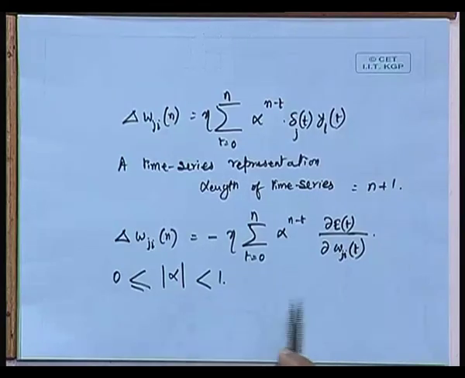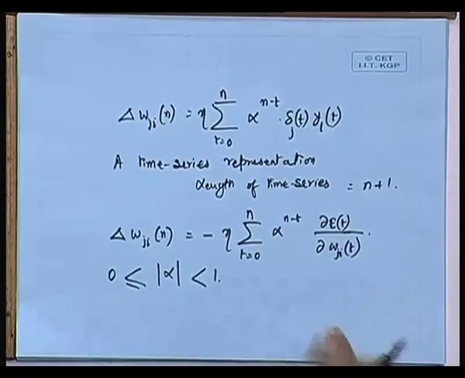If dou E dou Wji has the same sign in every iteration, for every t, then the modulus of delta Wji is going to be a higher value. Although it will be convergent, the modulus of delta Wji grows in magnitude.